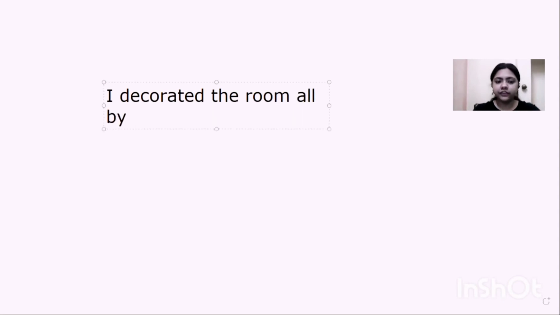Now, if I leave the sentence till here, is it making complete sense? No, it is not making complete sense unless and until we add a reflexive pronoun towards its end. Now the sentence is complete because we have added this reflexive pronoun at the end of the sentence.